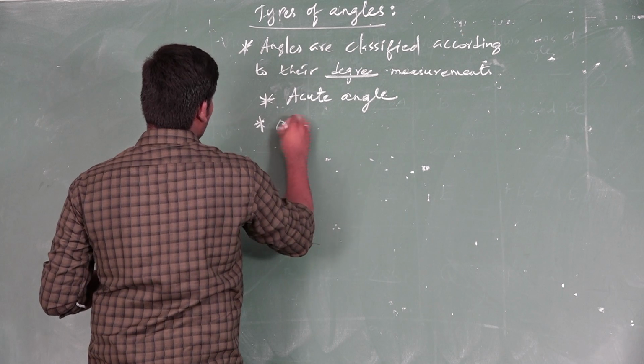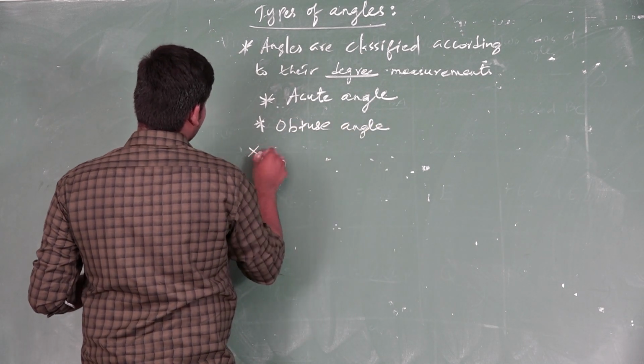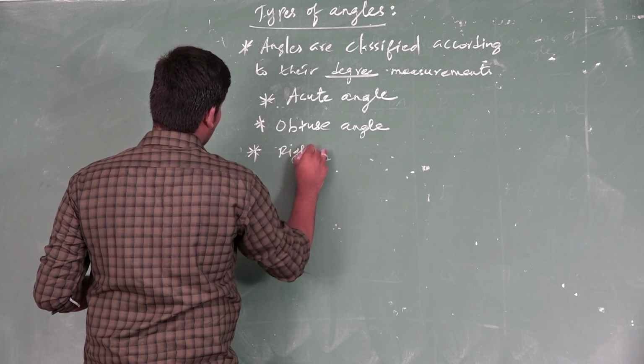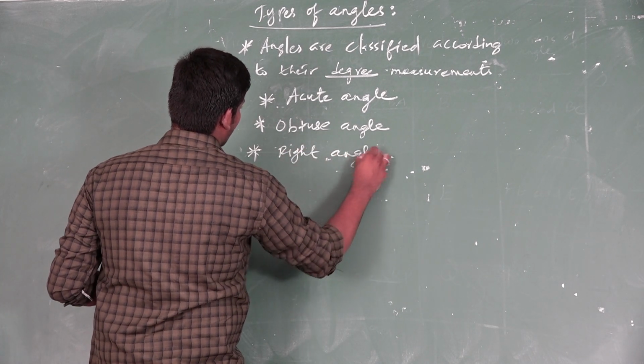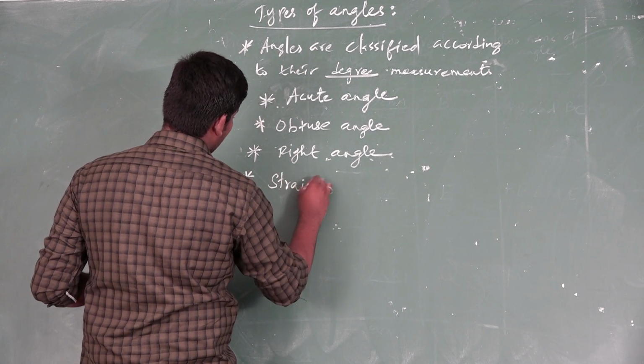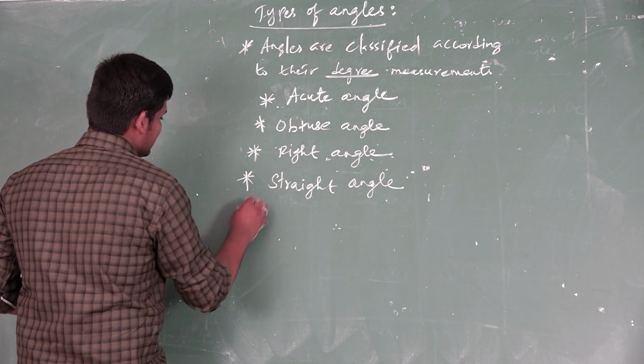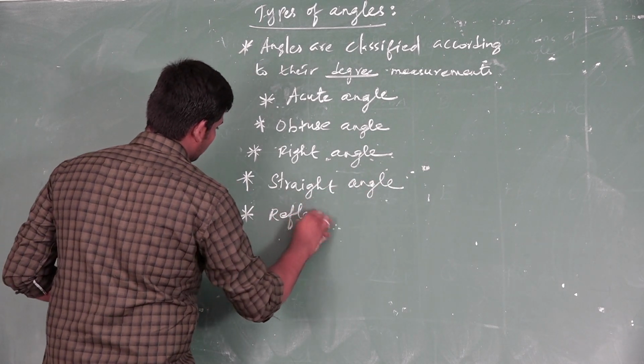Next, the obtuse angle. The third one is the right angle. The next one is the straight angle. The fifth one is the reflex angle.